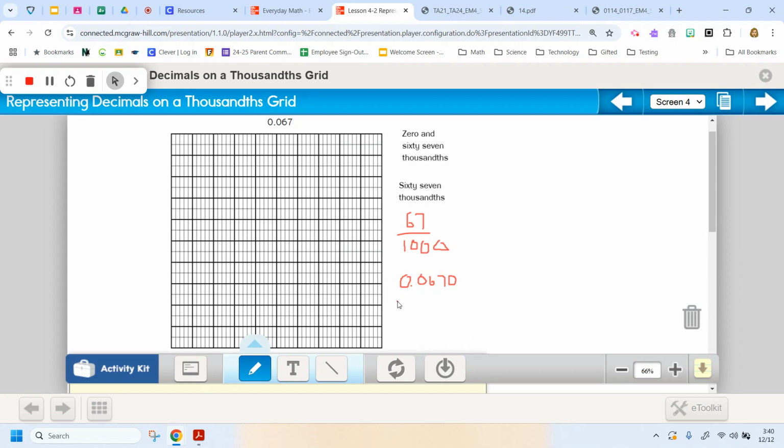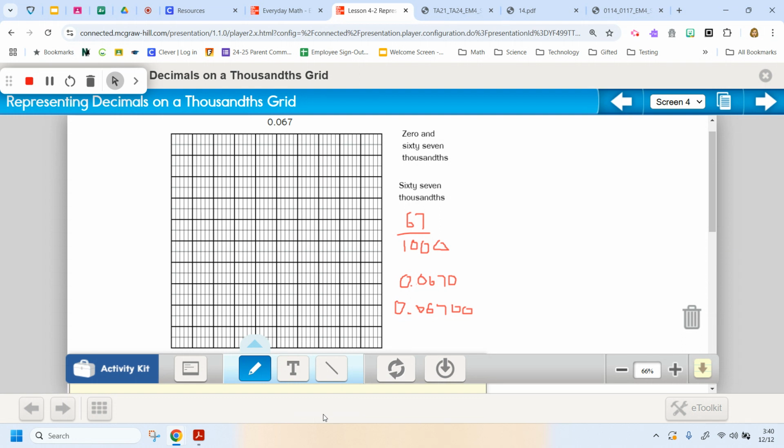We could keep going. You could add another 0, and I apologize, writing with a mouse is not as easy as it looks. But now let's add 2 zeros to the end. Again, that does not change the amount because I'm not shading any more in, right?